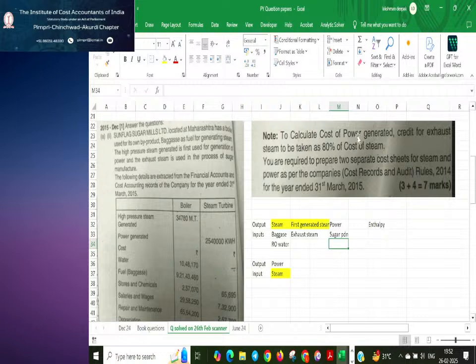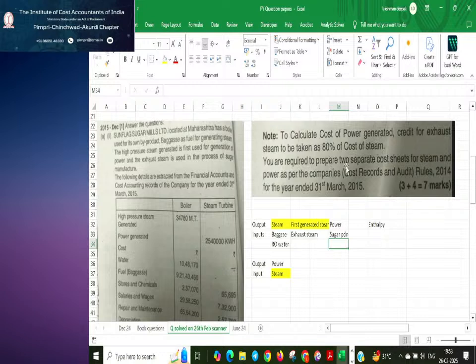You are required, so cost of power generated में credit for exhaust मतलब that needs to be adjusted. What is that? That is the exhaust steam which should be taken as 80% of the cost of steam. जो भी cost निकलेगा steam में से उसमें से 80% goes as exhaust steam for sugar manufacturing. So they have given the calculation. 20% goes into power generation, 80% goes to the manufacturing, for the sugar manufacturing.